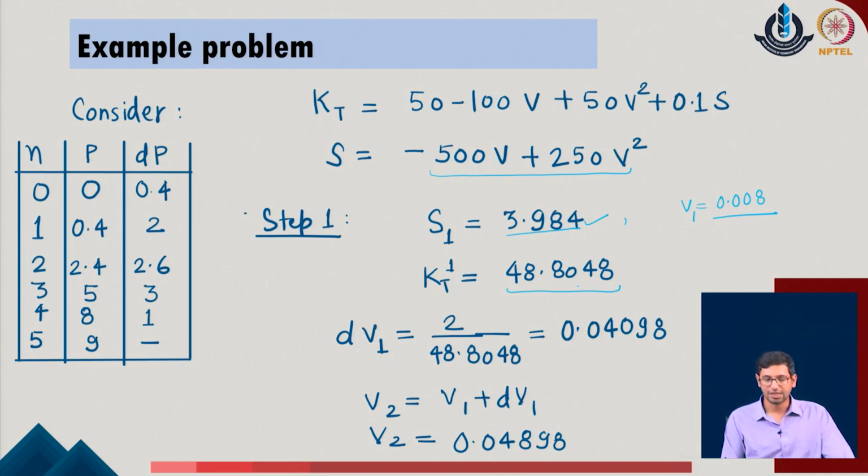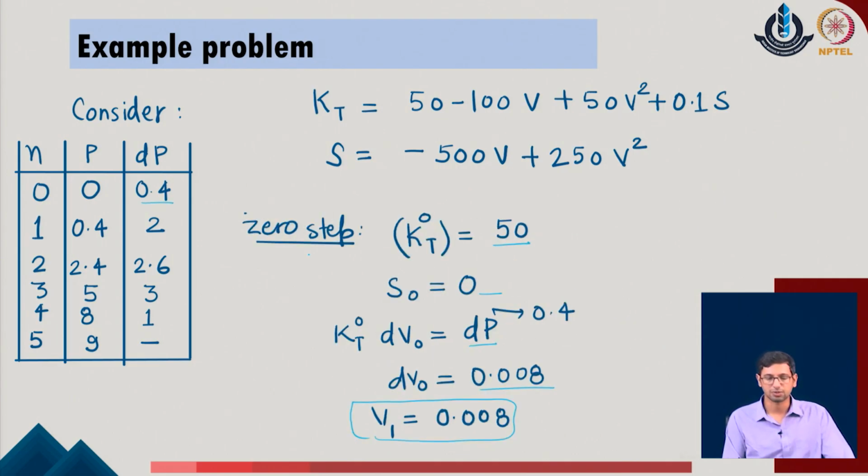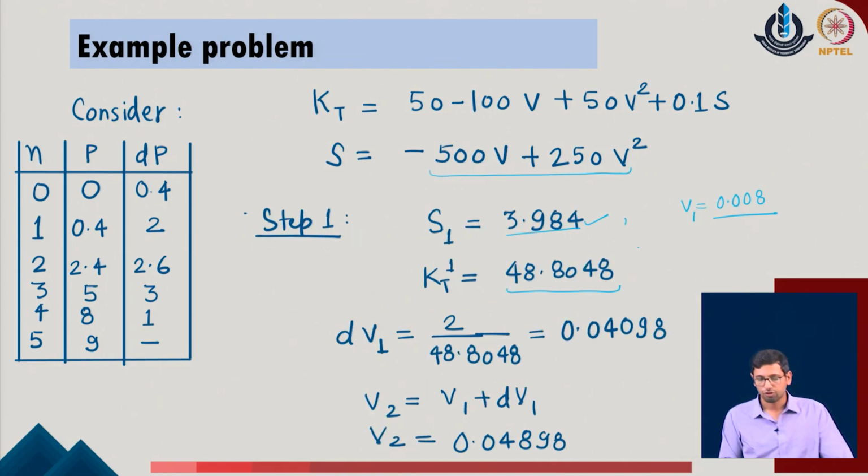So, you can also realize that as the value of these steps are increasing, the value of the stiffness, which was initially 50, is also decreasing. So, we are having a decrease in the stiffness as the displacements in the system are increasing. So, this value of the stiffness has been evaluated.